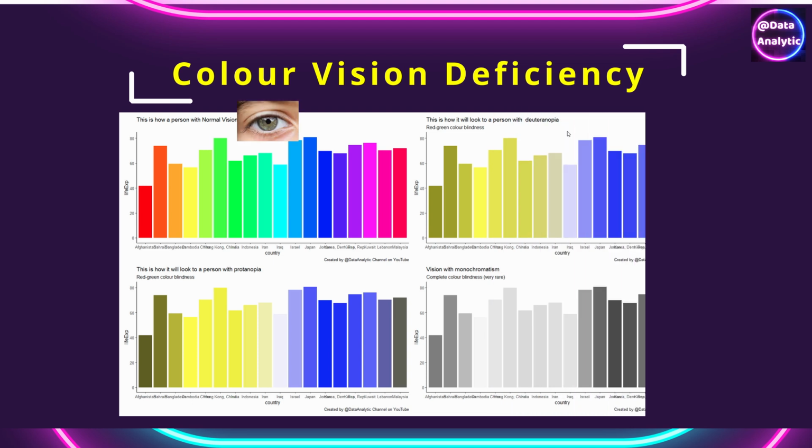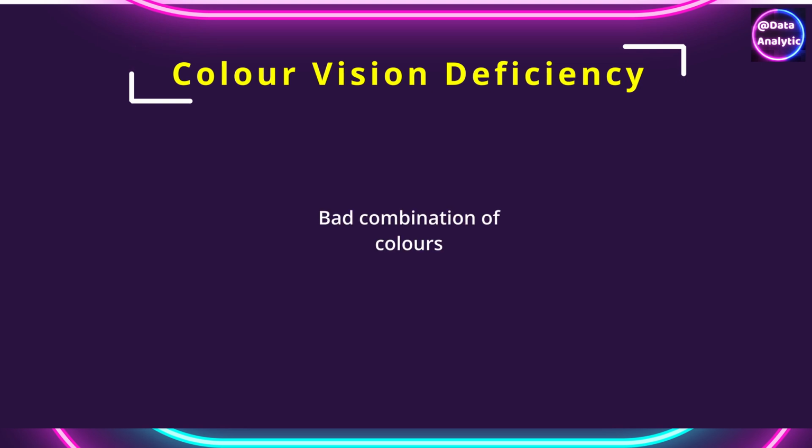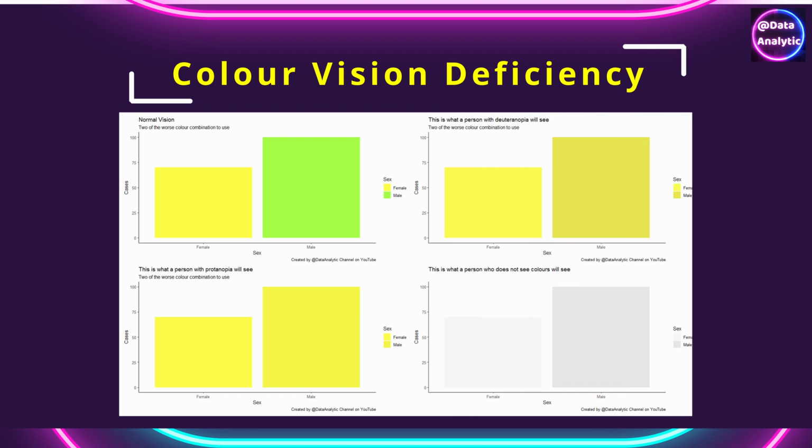In this example, I've created a bar chart and also shown how the same bar chart would look to different people suffering different conditions. Before we try to find a good combination, let's see a bad combination first. If I use a color like yellow and green, what happens?